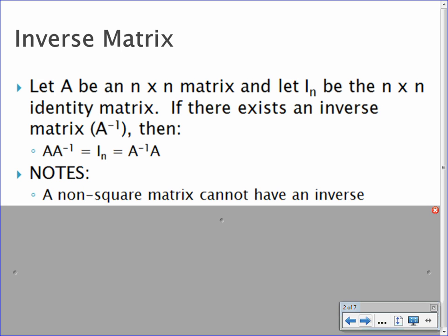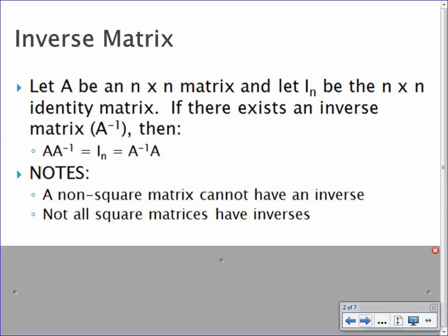A non-square matrix will not have an inverse, and there are some square matrices that won't have an inverse. So having an inverse is special. First of all, you need to be square, and still there are some times where there won't be.